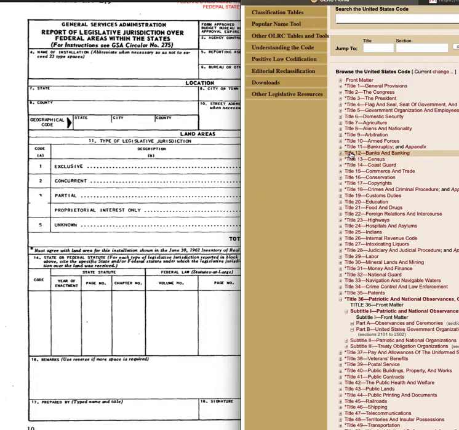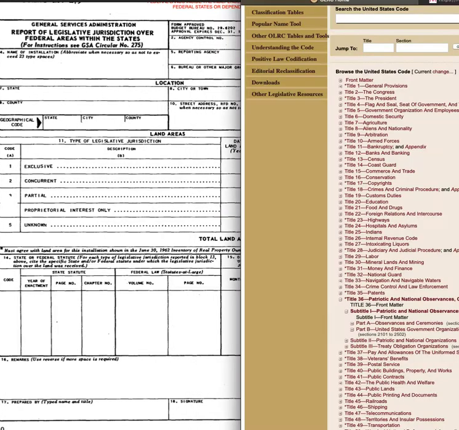Banks and banking, it may have a court. And internal revenue, it may have a court. But they're not courts of the United States or the states. They're like corporate courts. They're courts that you agree to go to when you sign their papers.